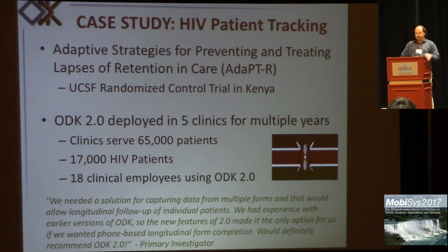Using Open Data Kit has allowed, in at least 5 clinics, them to do randomized clinical control trials to determine what sorts of treatments are actually working, what gets them to come back to the medication, those kinds of things. And there's a quote here at the bottom, but it's basically saying that longitudinal follow-up in disconnected environments is really the key, and disconnected first.